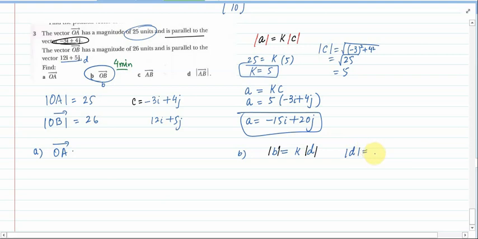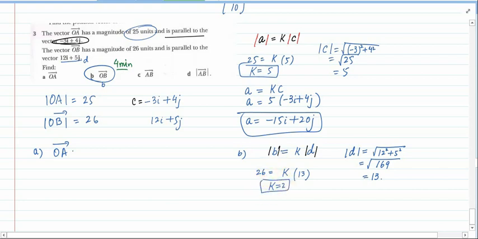It's 12 squared plus 5 squared. 12 squared is 144, 5 squared is 25, which leads to 169, and the root of that is 13. The magnitude of B is given, that is 26, which is equal to K times the magnitude of D, which is 13. So you get the value of K, that is equal to 2.